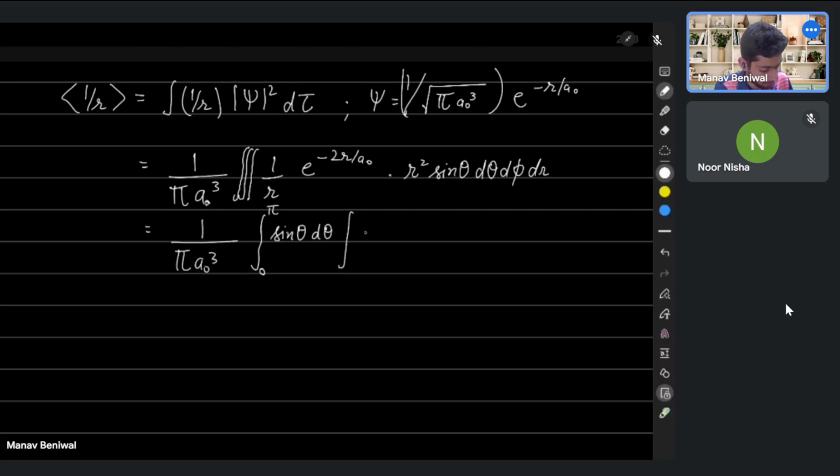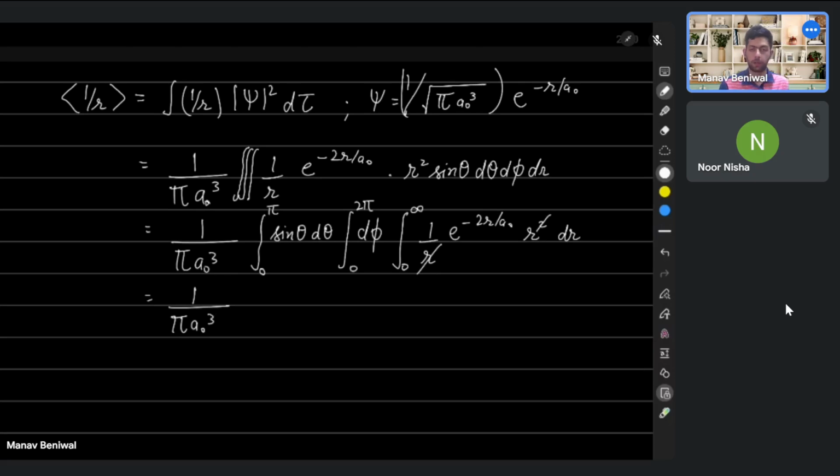And we have d phi, which goes from 0 to 2 pi, and then we have the integral over r, which goes from 0 to infinity, of 1 over r e to the minus 2r by a naught r squared dr, like this. So this r will cancel out with one of the r's above, and this will remain the same.